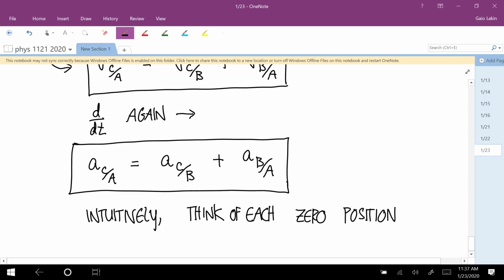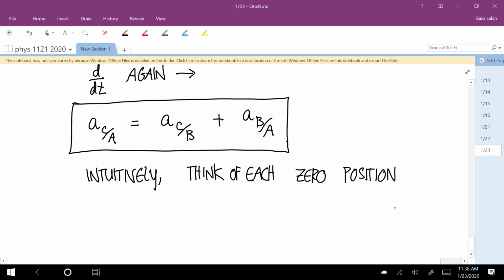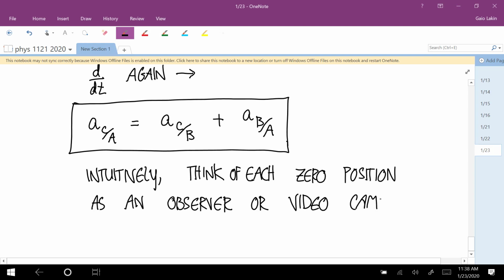So think of it as either a person represented by B moving around, or they don't have to be moving around, or a video camera that's moving around on some kind of cart. Then based on what's observed by one of the video cameras or one of the observers, you could calculate what the other video camera is going to see.